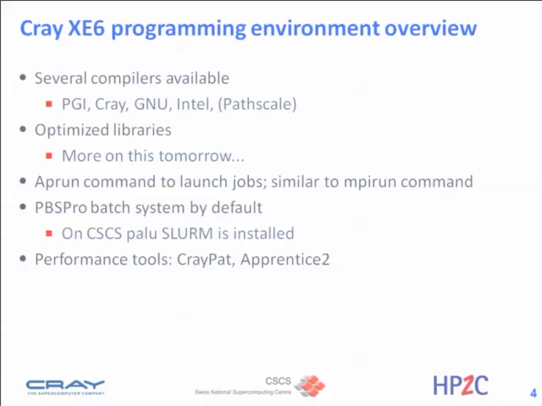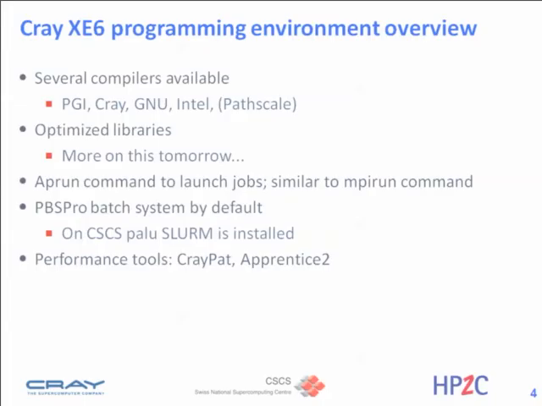PBS Pro is the batch system that's available by default on the x86 machines on CLE, but here at CSCS they have a different batch system installed, which is Slurm, and so I'll show you some differences about this. And then tomorrow I'm going to talk about the performance tools.